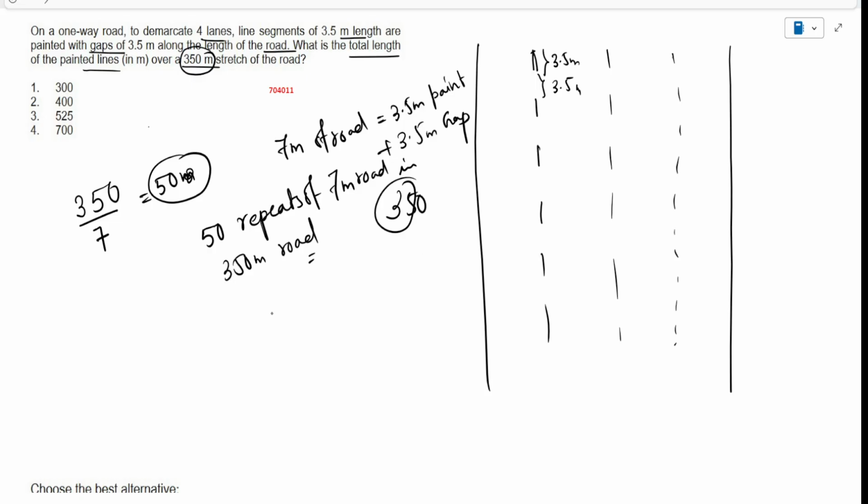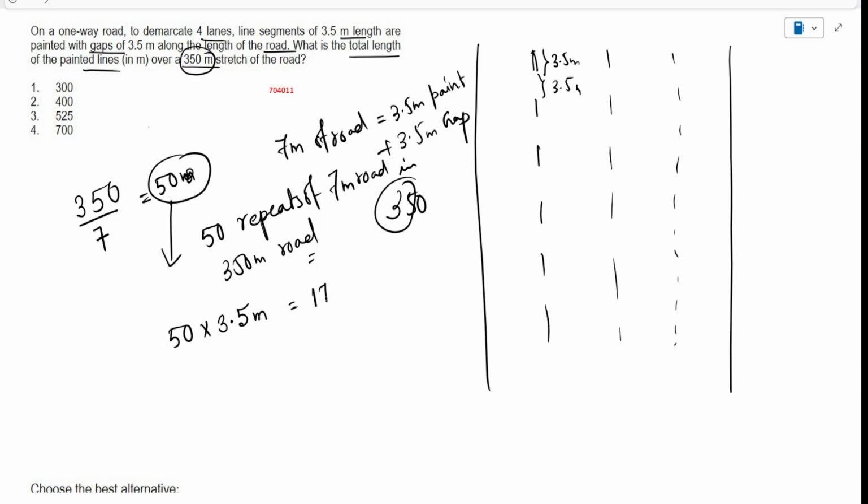So now, 50 repeats, and in each 7 meter stretch, what is the painted line? Each is 3.5 meter paint.